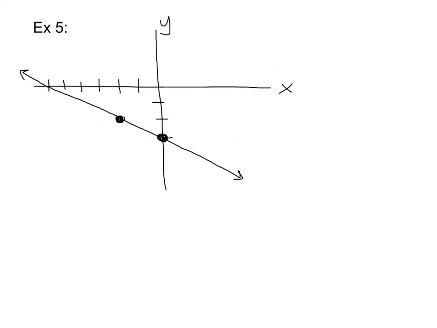Now let's look at how to write the equation of a line when we are given a graph. If you notice on your graph, you are given 2 points. This point is (0, negative 3). This is the point (negative 2, negative 2). Again, I'm trying to write my equation of a line in y equals mx plus b, so in slope-intercept form.